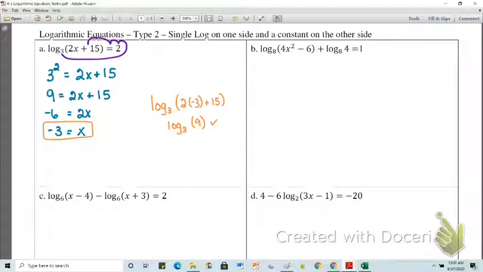Looking at B, first thing I need to do is get rid of this plus. I can't use hamburger helper hand until I combine it down into one singular log.